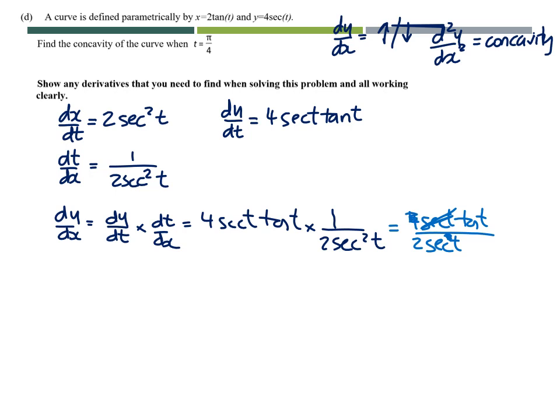And that 4 and the 2, I'll simplify to give you 2. 1 over sec, that's the same as cos on the top line, eh? Tan is sine over cos. This is now 2 cos t from my sec times sine t over cos t.